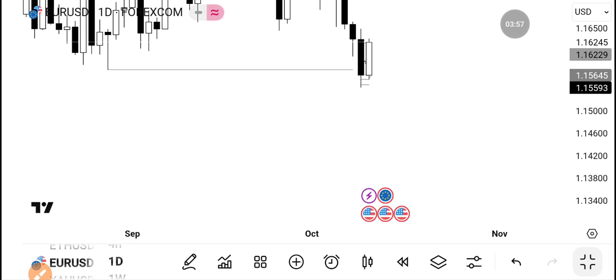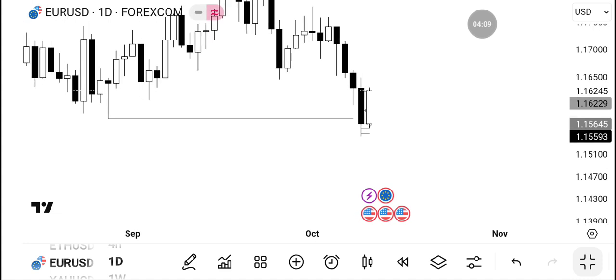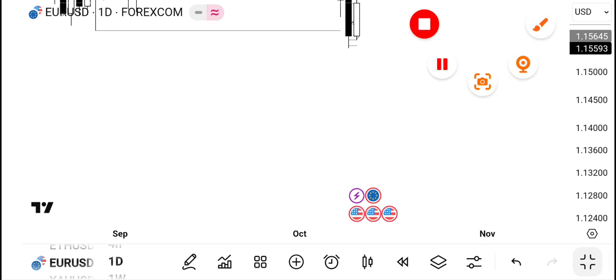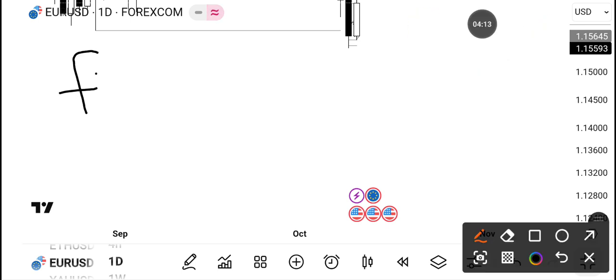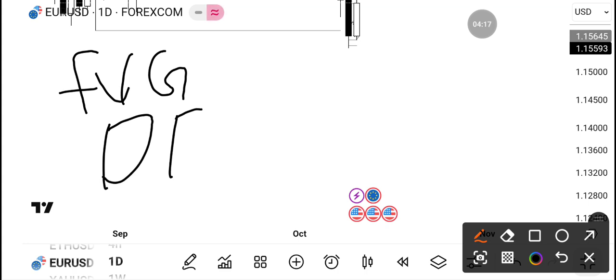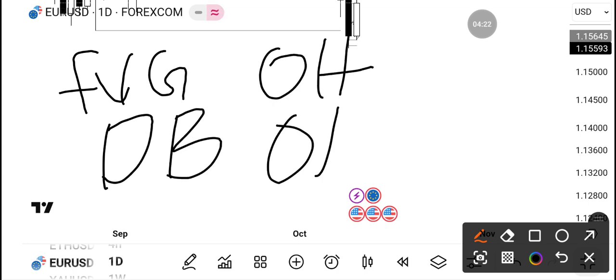Should I use fair value? We have up to 3 to 4 key levels we use in every trade we take. First of all, we use the fair value gap. Fair value gap is number one. Then order block, old high, and old low, same as swing high, swing low.